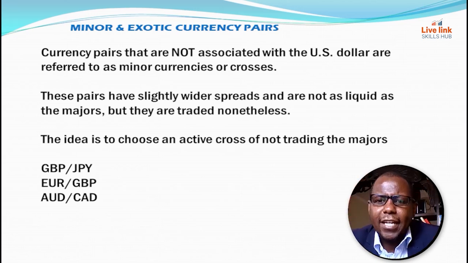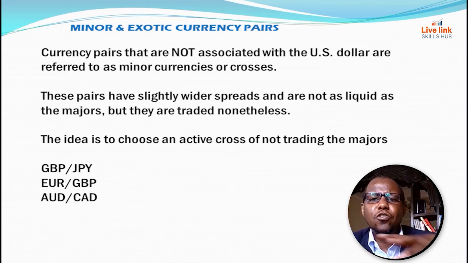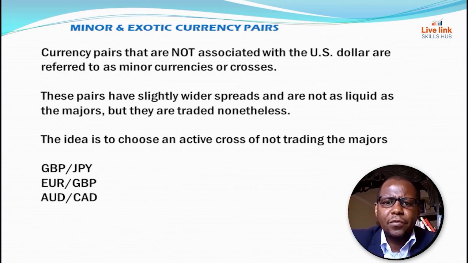So if you're not trading the majors, you don't have to be stuck to trading pairs that have the US dollar. You can trade a different pair, but you need to choose a pair that is active. It's being traded. It's a busy pair.